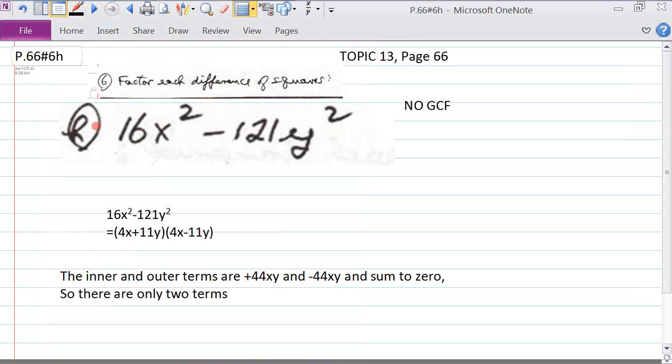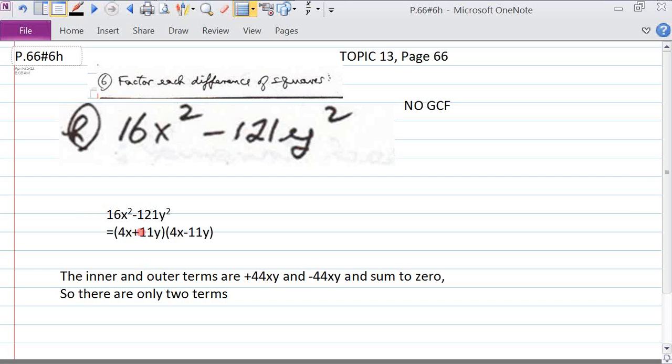And here 6H, we're asked to factor each difference of squares. We have 16x squared minus 121y squared. So we look at the 16, that's 4 squared. We look at the 121, it's 11 squared. So we can make the first term 4x because that'll give us the 16x squared.